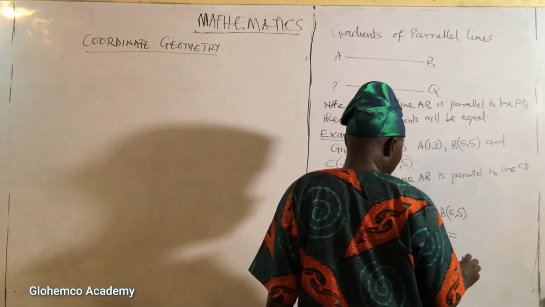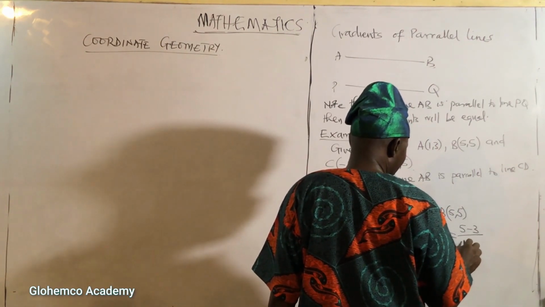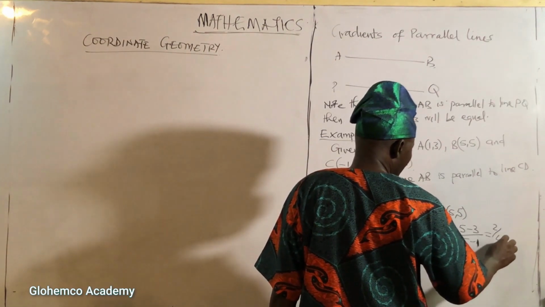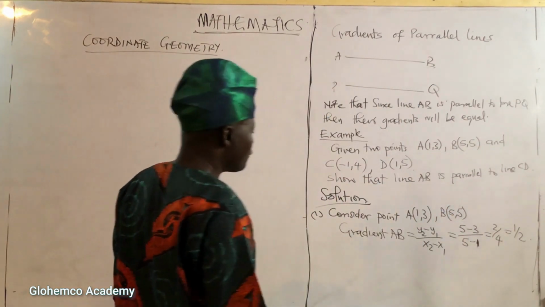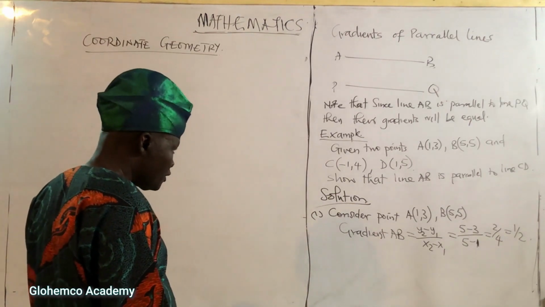So what is Y2? Y2 is 5, so 5 minus 3 over 5 minus 1. And this is 2 over 4, which is 1 over 2. The gradient of AB is 1 over 2.